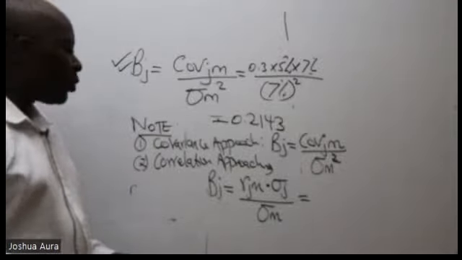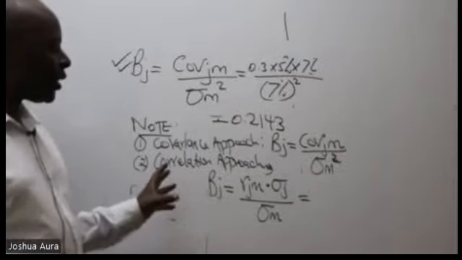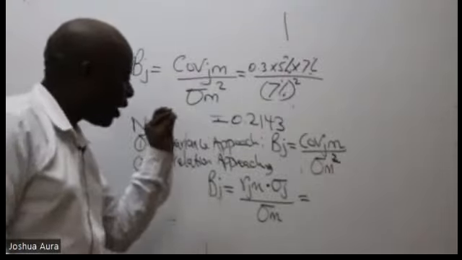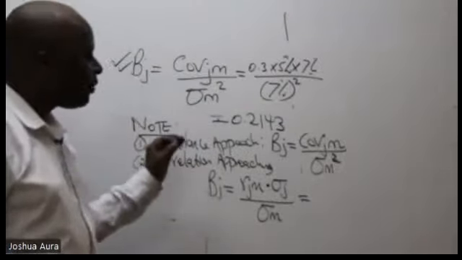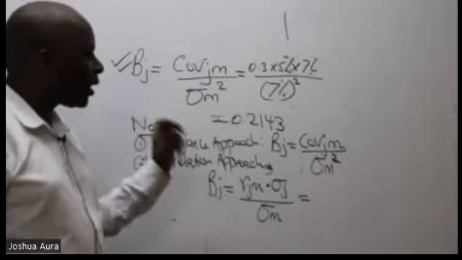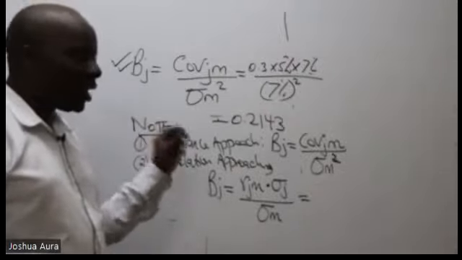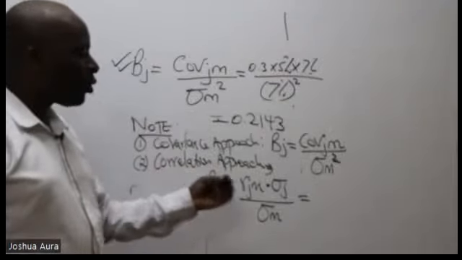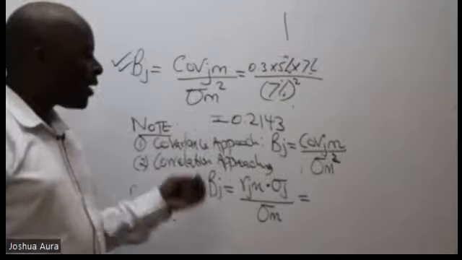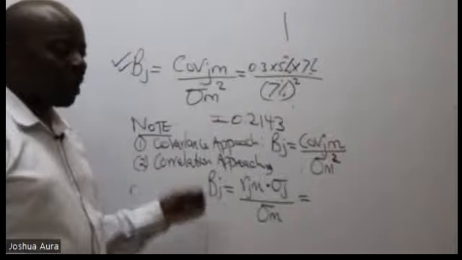So anytime they want me to give them beta J, if the examiner has given me the correlation, I take the correlation between J and M and multiply it with the standard deviation of the security divided by the standard deviation of the market.